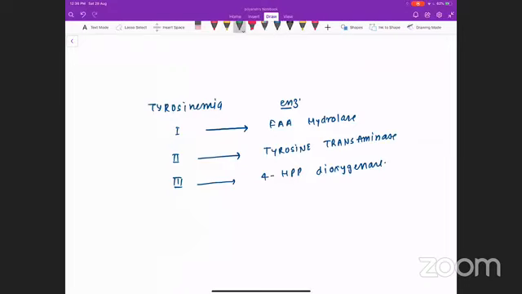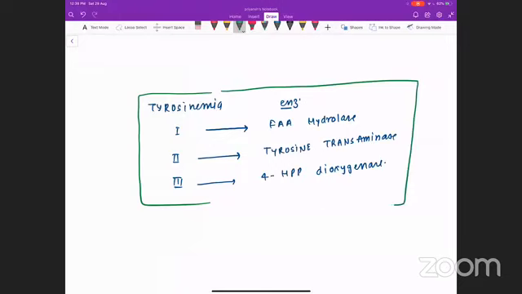Okay, so now the task is how we are going to find the correct answer in the exam. Let's say they ask tyrosinemia type 1 is due to deficiency of which enzyme. How do we remember the correct enzyme?